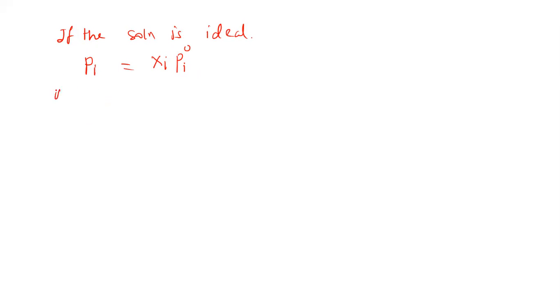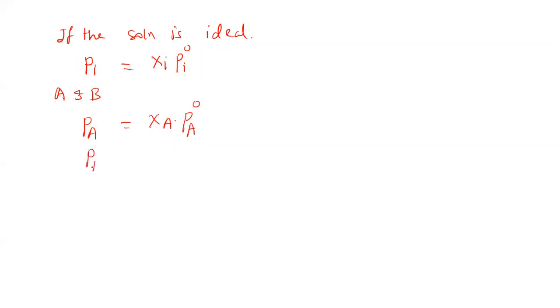Suppose two liquids are given, A and B. For the liquid A, we can write the equation: the partial pressure of the liquid A is equal to the mole fraction of the liquid A multiplied by the vapor pressure of the liquid A in the pure state.